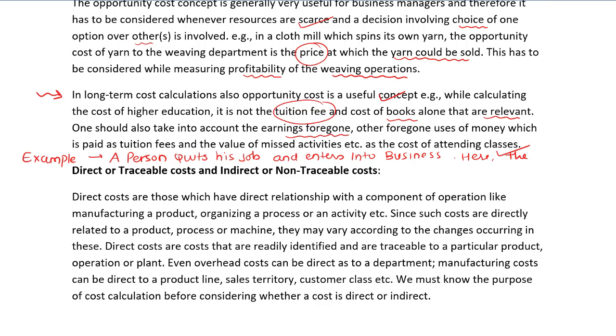Here, the salary foregone from employment constitutes an opportunity cost. Okay?